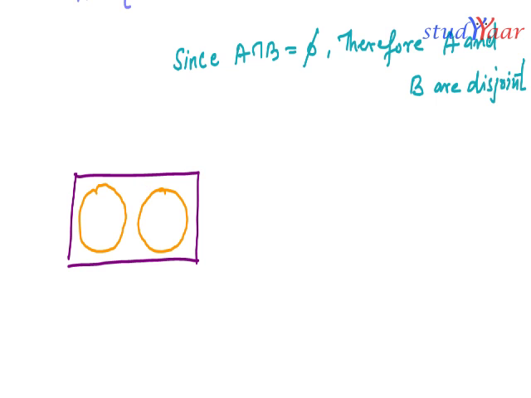And this represents disjoint sets. There is no common area of overlap. Let us call this A and this B, and this would be my universal set. Then A and B are disjoint as per this Venn diagram.